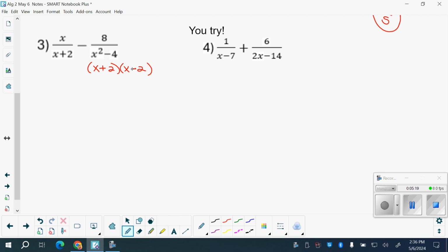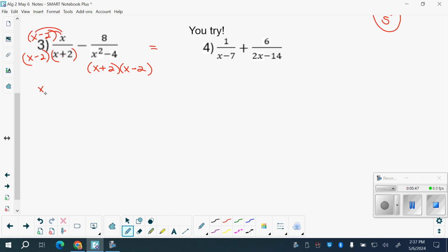So what's in this denominator here that's not in this one? Ignore that and look at the x plus 2 times x minus 2. X minus 2. So we're going to multiply the numerator by x minus 2 and the denominator by x minus 2. So we're going to distribute this.